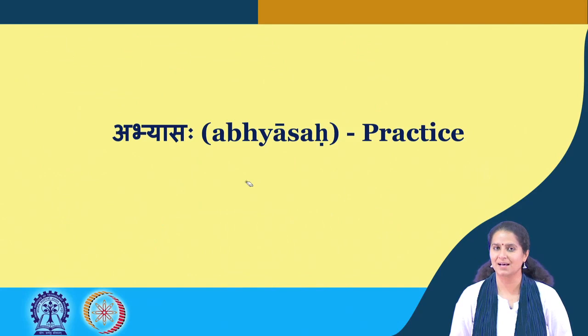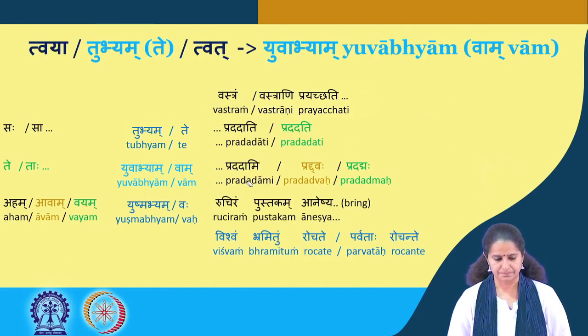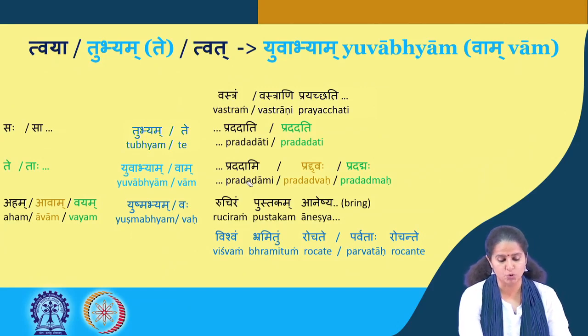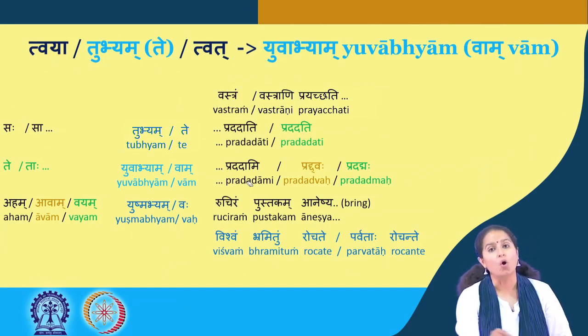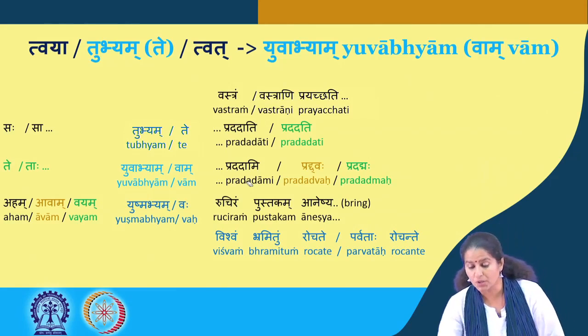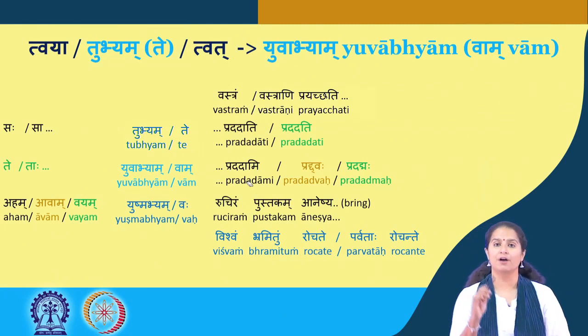So abhyasaha or practice, tarhi militva abhyasam kurmaha. Here we see that you have tvaya, tubhyam and tvat, and all of them are the singular form of the second person pronoun, and in the dual all three of them get the yuvabhyam.